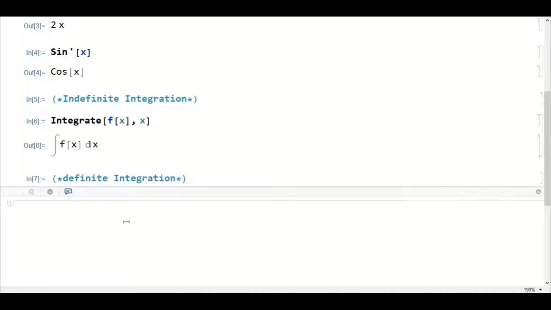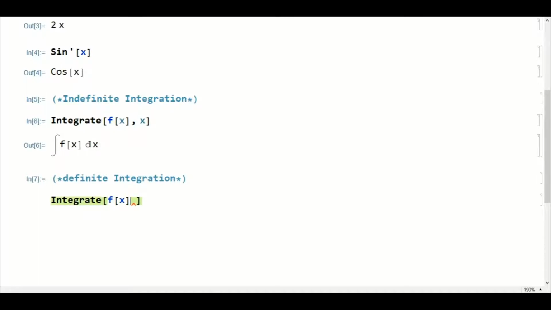So basically you have to write again Integrate, f of x, comma a curly bracket. First you have to write x, the variable with respect to which you want to integrate, and then you write a, the lower limit, and then b, the upper limit.